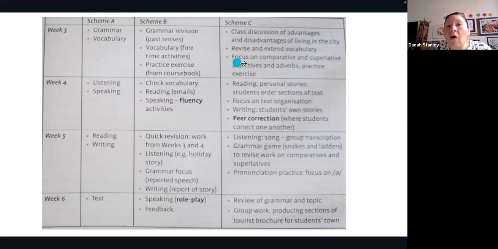And then focus on comparatives and superlatives, adjectives and adverbs, practice exercise. Entonces, apart from the characteristics that are adjectives, I'm grading those adjectives and qualifying those adjectives by using adverbs of degree. Entonces, I'm presenting all this vocabulary.